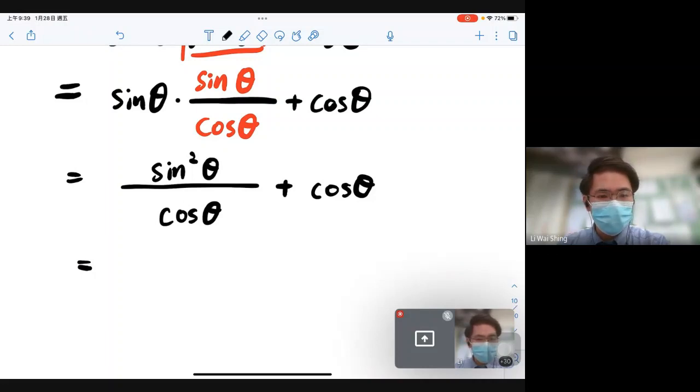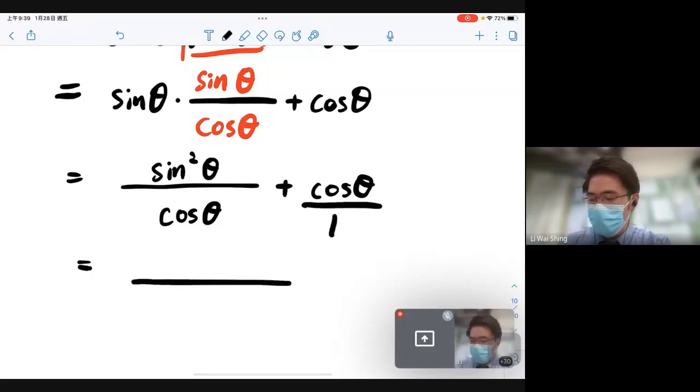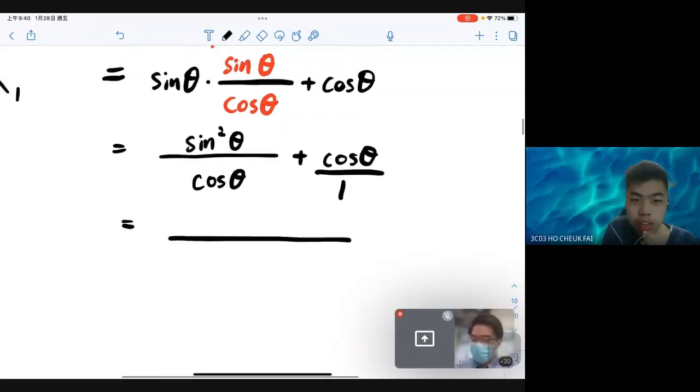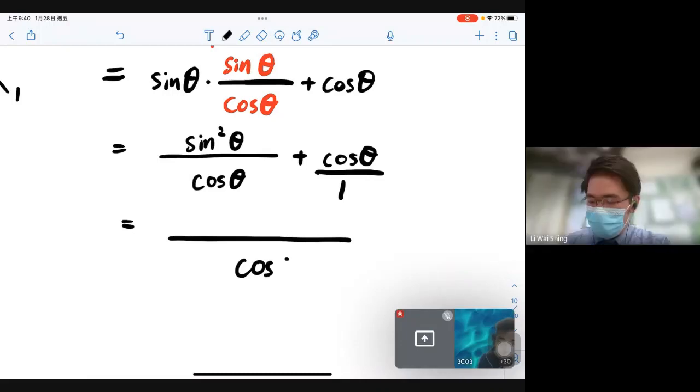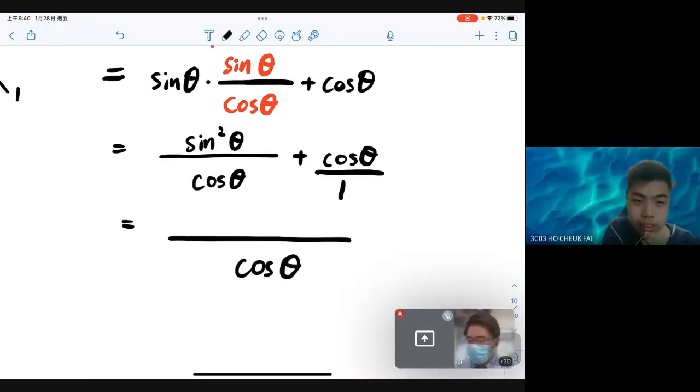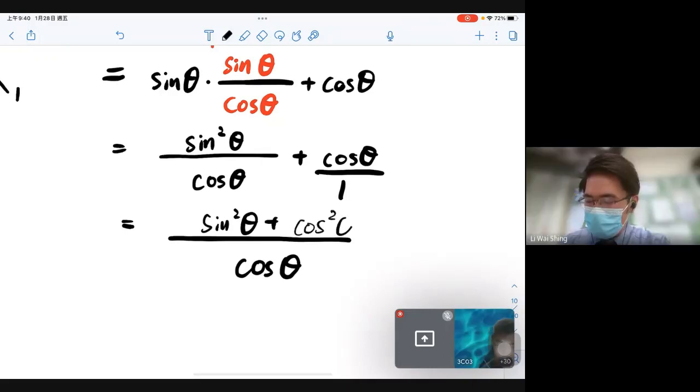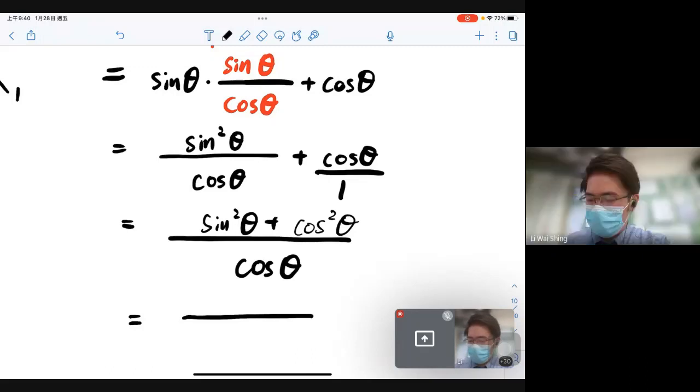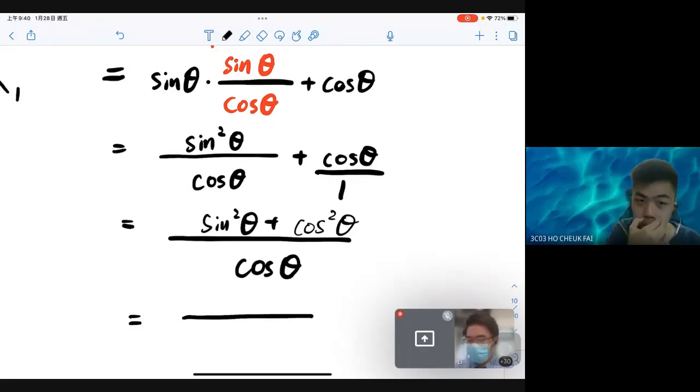Get a common denominator. So what is the denominator? Cosine theta. What about the numerator? Sine square theta plus cosine square theta. Very good. So can I do further simplification? Yes. How? It equals 1 over cosine theta.